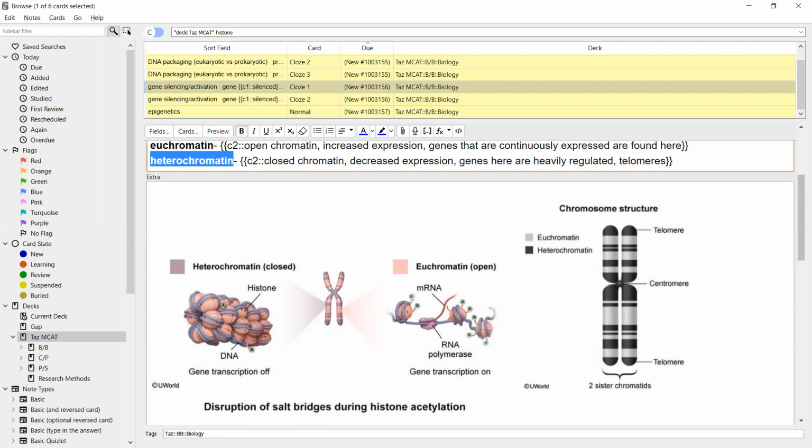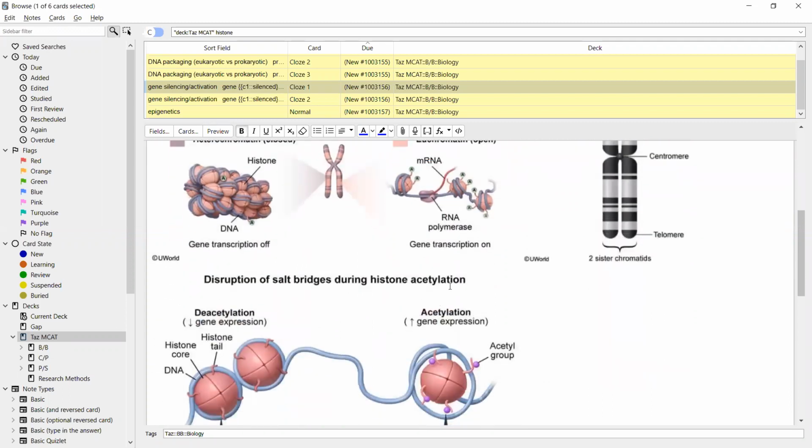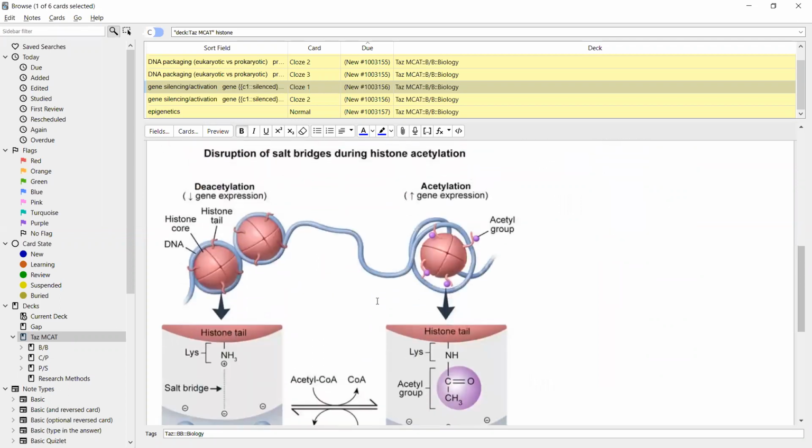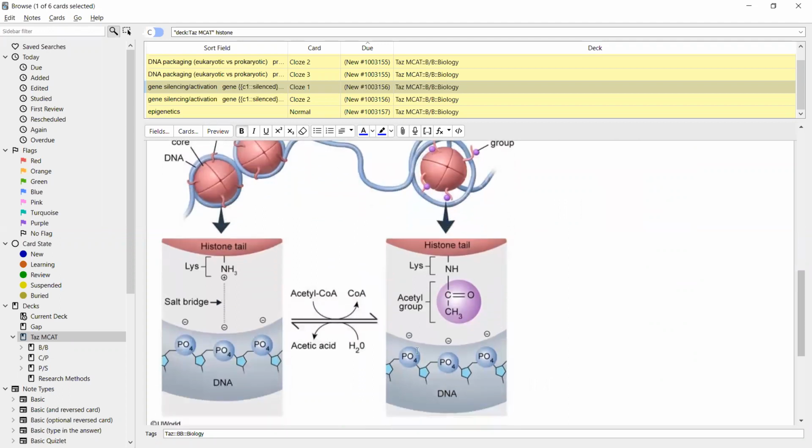Now, what is the difference? How do we get heterochromatin versus euchromatin? The answer is through something called histone acetylation. An acetyl group is this thing right here in purple. Remember that we said the DNA backbone is negative.